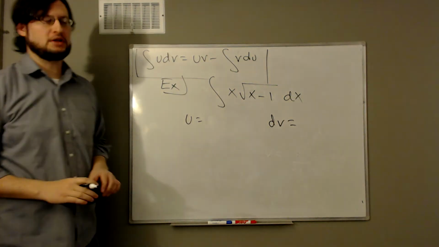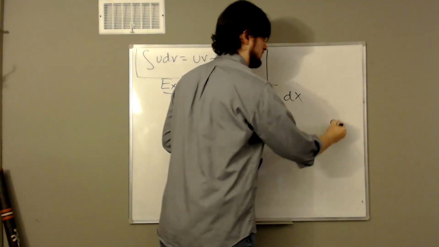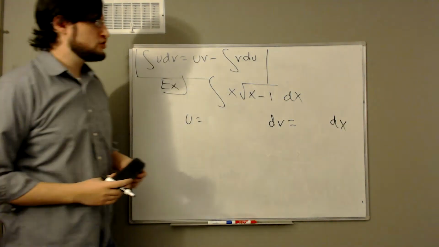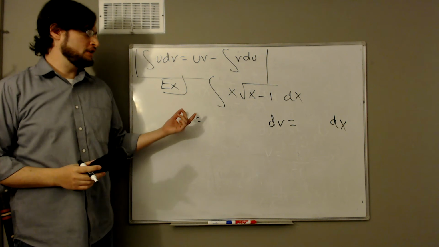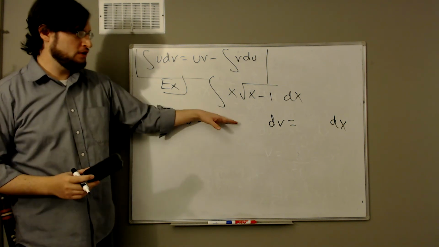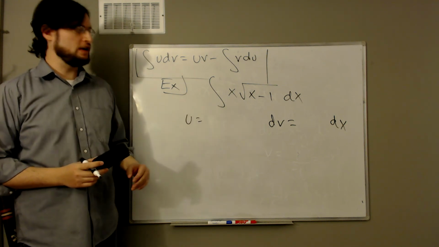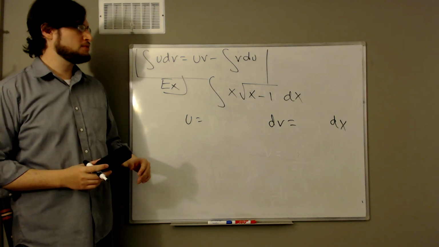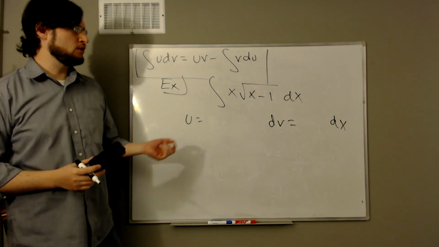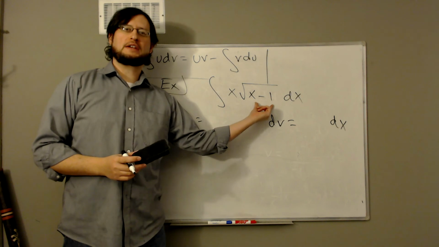Again, we need to pick our pieces. And our general strategy should be to pick the pieces so that when we go to the next step, we've simplified our life. That should be what we hope to do. So we see an x, a square root of x minus 1.